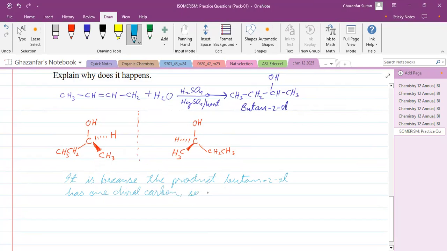So actually two optical isomers are produced.